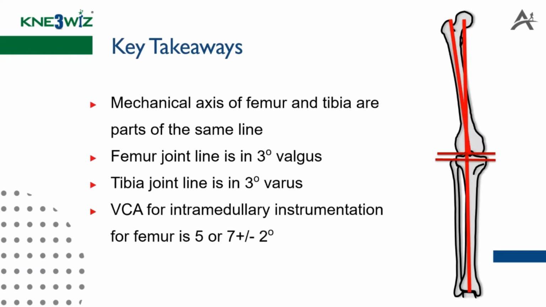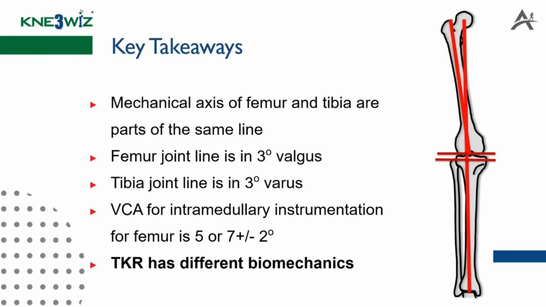The VCA for the femur has to be 5 degrees to make the joint line perpendicular and 7 degrees to make it valgus to the mechanical axis. But we also need to keep in mind that a prosthetic joint has different biomechanics from the native joint. Hence, trying to restore normal anatomic alignment might not be a good idea for prosthetic joints.